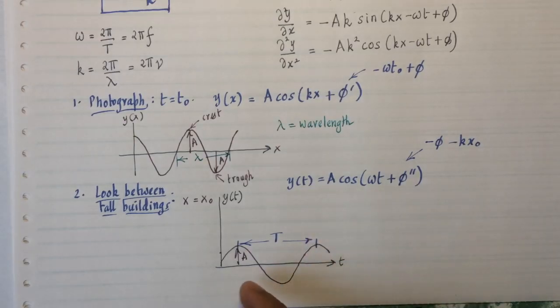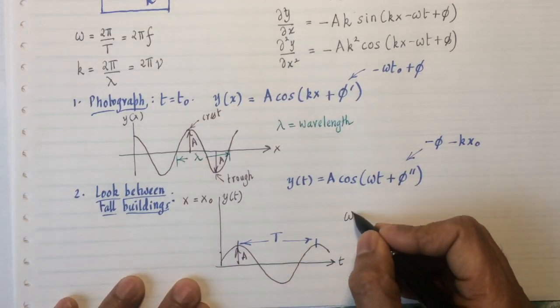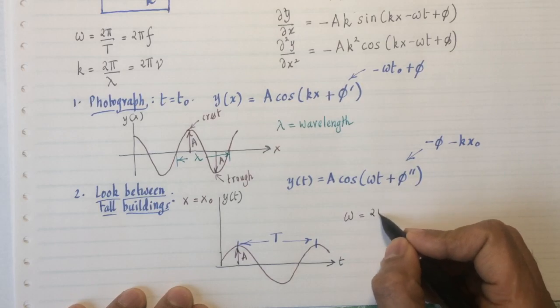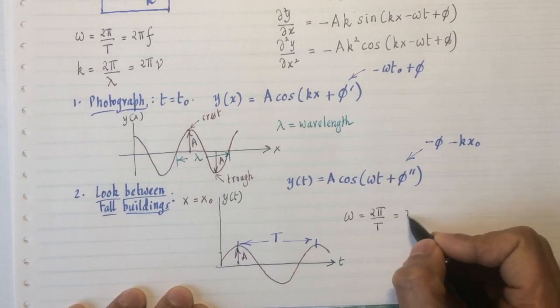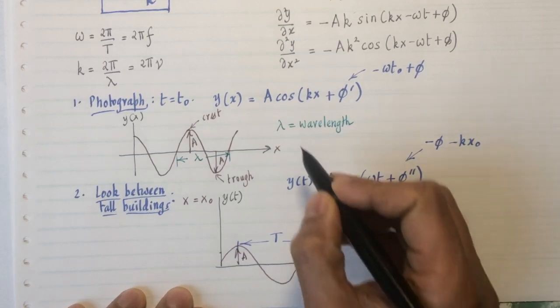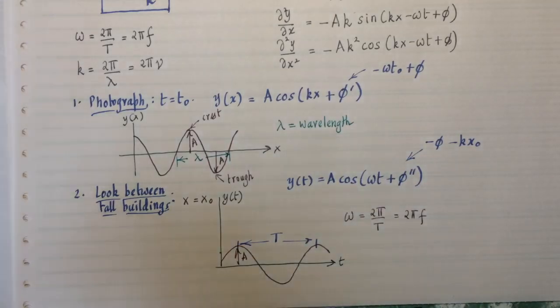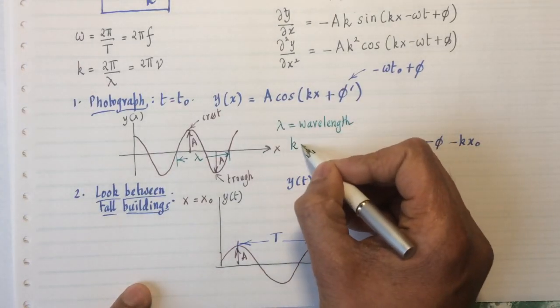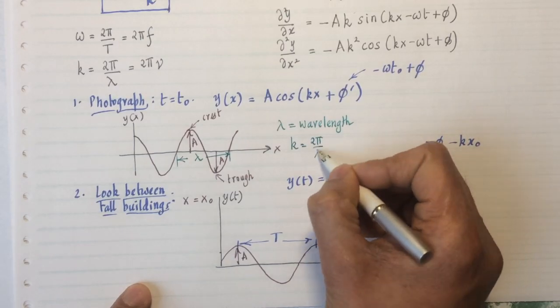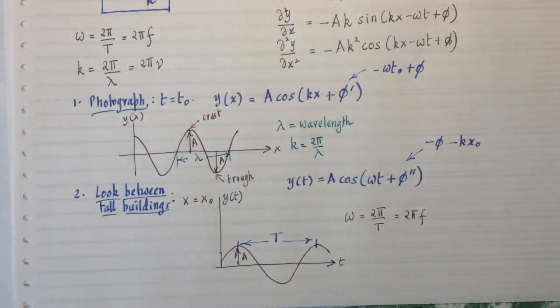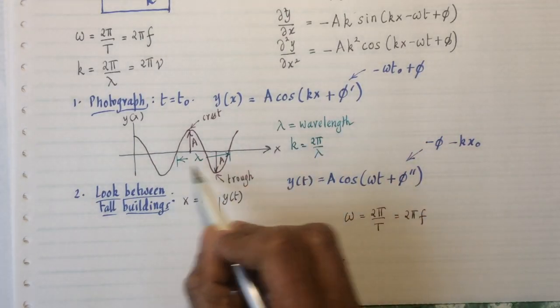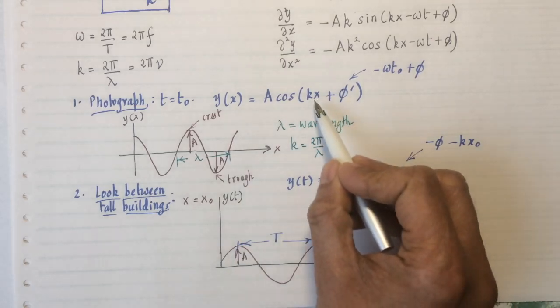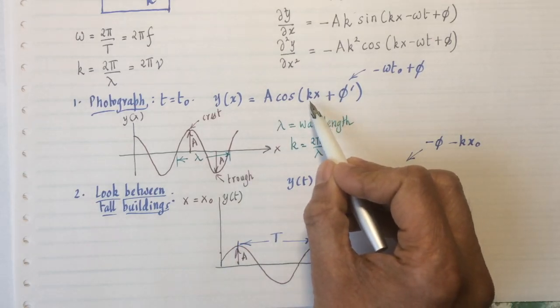So in this case, you'll be able to see T, and omega is 2 pi by T, and it's equal to 2 pi f, and here the relationship is that k equals 2 pi over lambda. So whatever you're able to see occurs in the denominator of whatever you have in the wave equation.